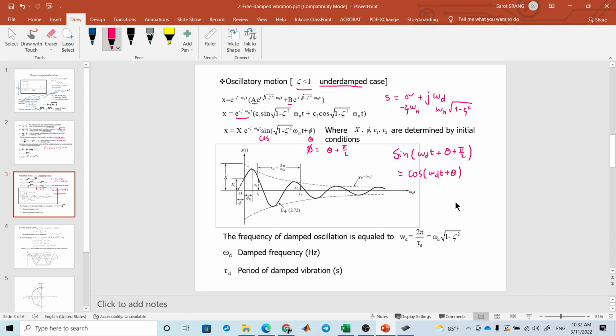So don't worry, sometimes you see the sine function, sometimes the cosine function. You can always transform from one to another.